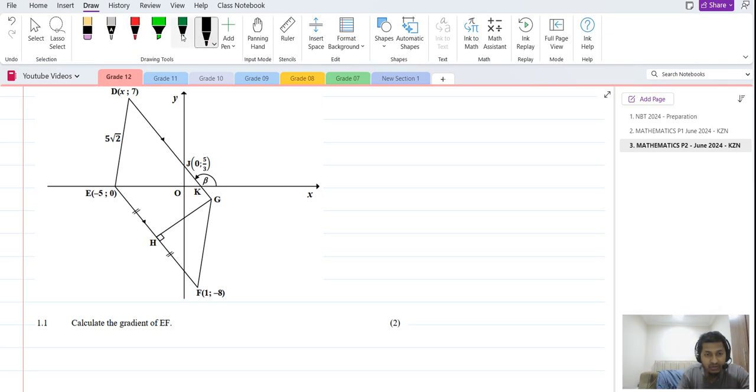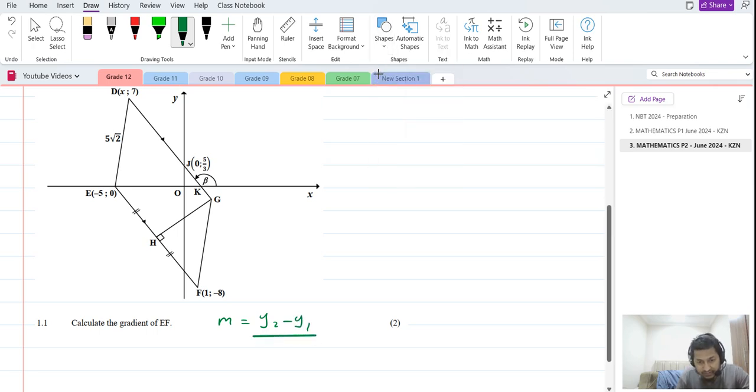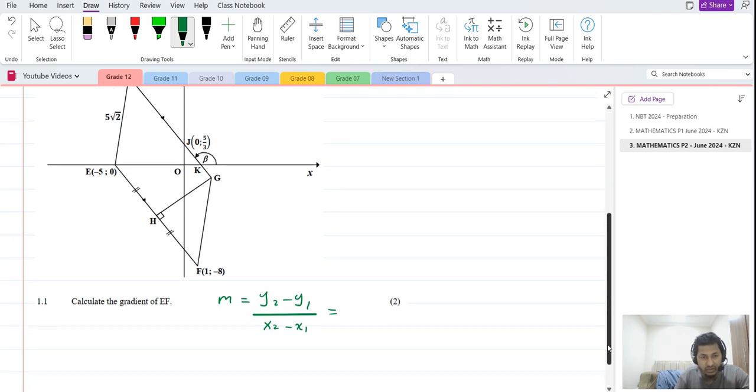You know what the gradient formula is: y2 minus y1 over x2 minus x1. Because we're doing EF, let's take F as the final point, so this becomes x2, y2, and this becomes x1, y1.